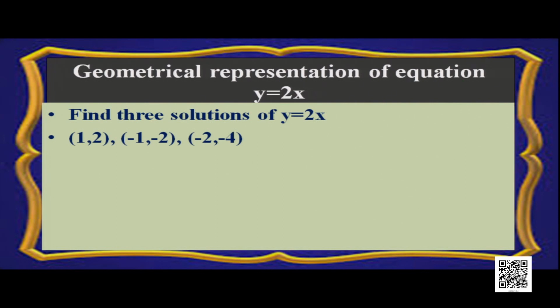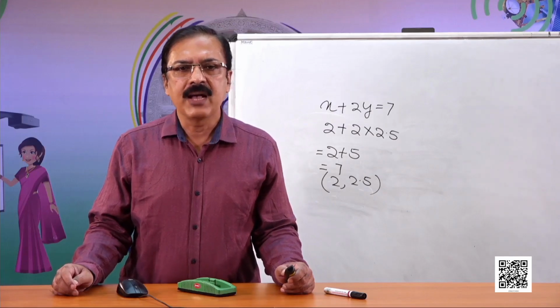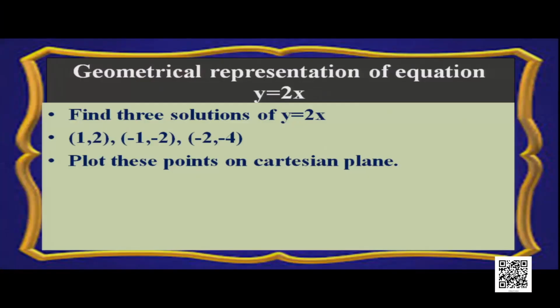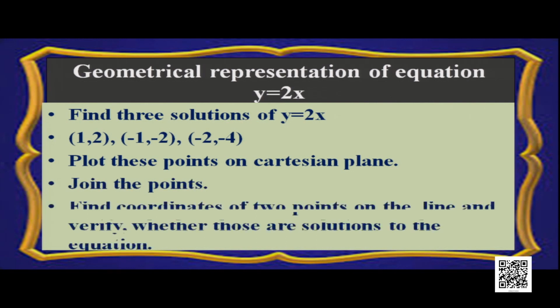And if the value of x is minus 2, then the value of y is minus 4. After getting these solutions, we can put them as points on the Cartesian plane and join the points, and then find coordinates of 2 points on the line and verify whether these are solutions to the equation or not.